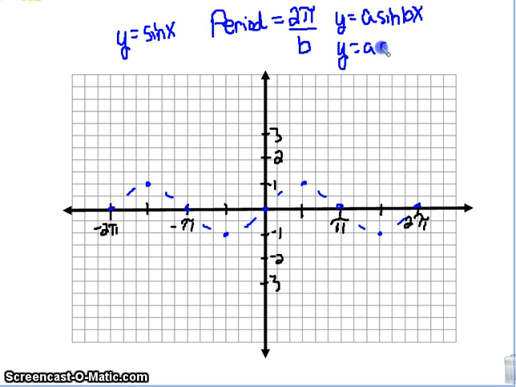And y equals a cosine of bx. So we're always going to use that number in between the cosine and the x, or the sine and the x. That's going to represent your b.